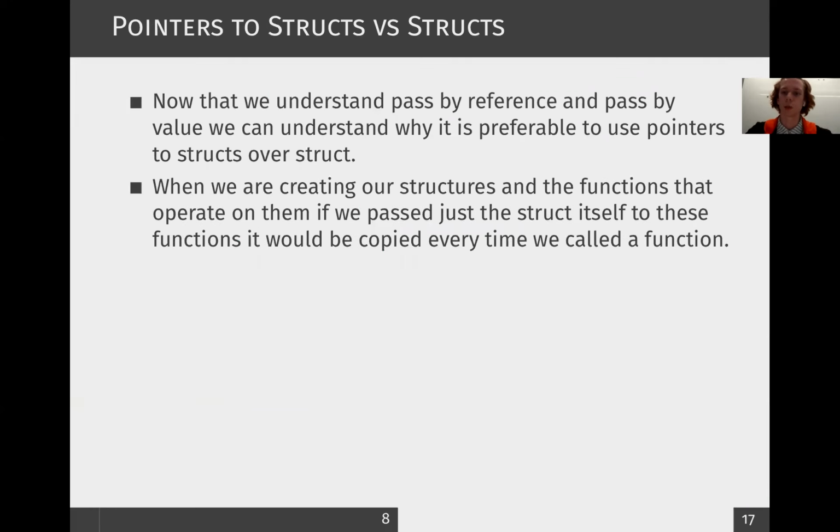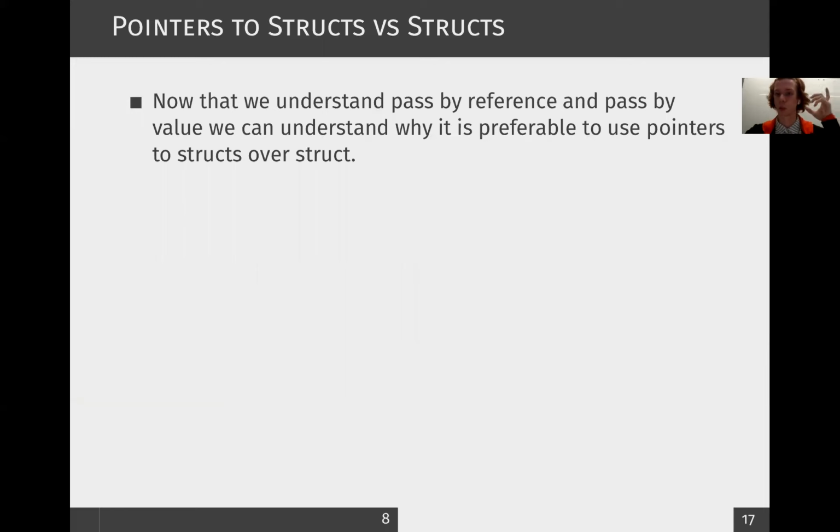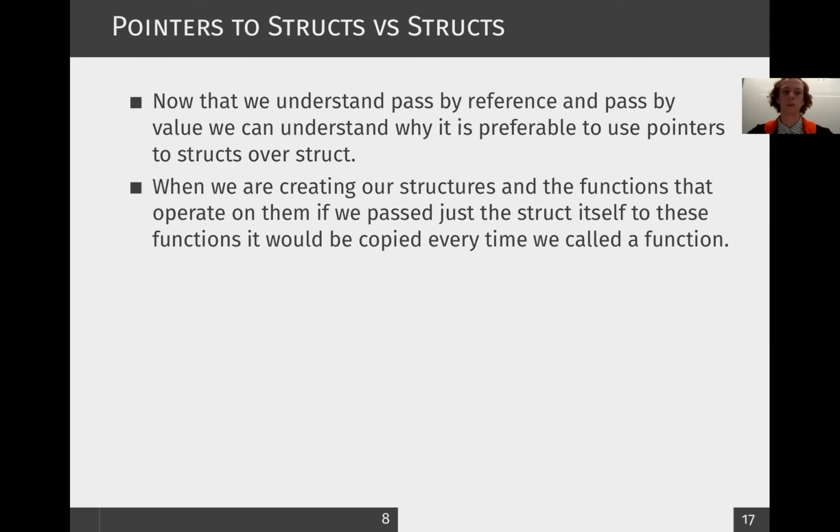A pointer, as we previously saw, the size of a pointer is always 8 bytes. It's a constant size. It never changes. When we're creating our structures and the functions that operate on them, if we pass just the struct itself to these functions, it would be copied every time we call the function. This is why we don't want to pass structs themselves to functions as much as possible.